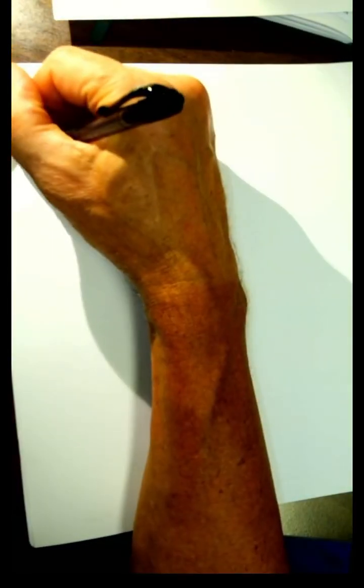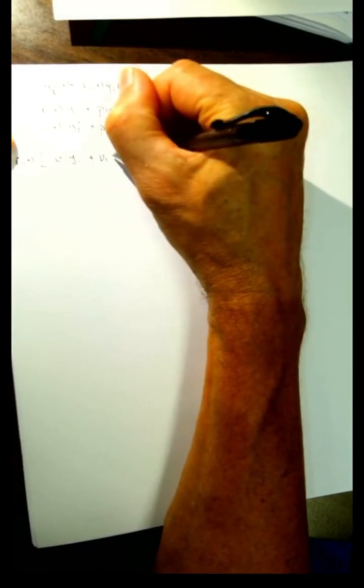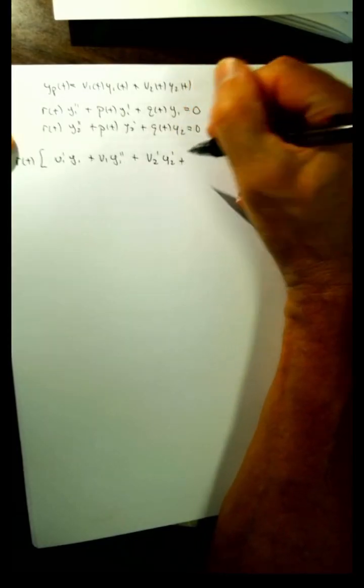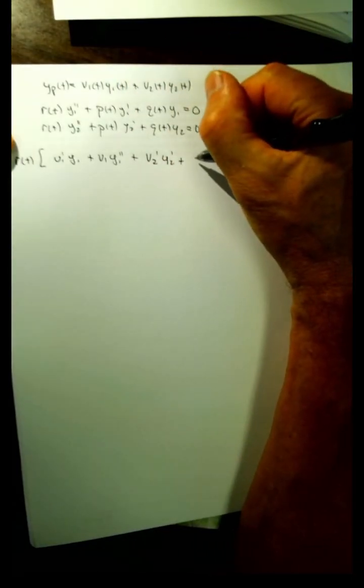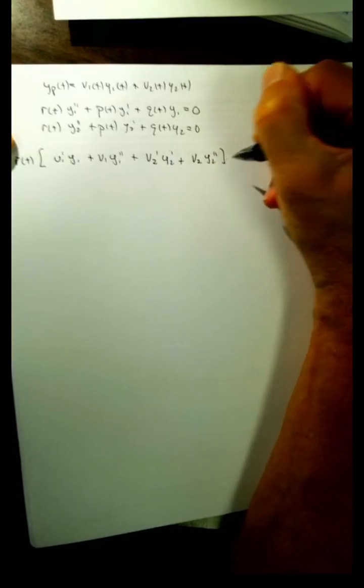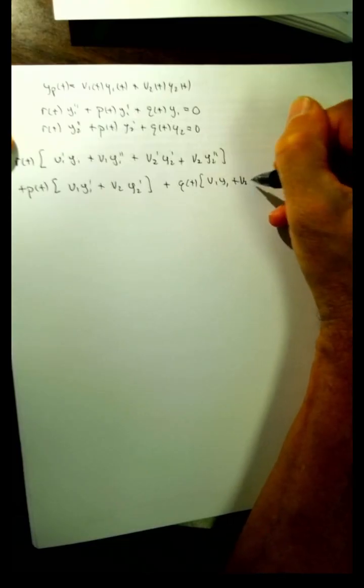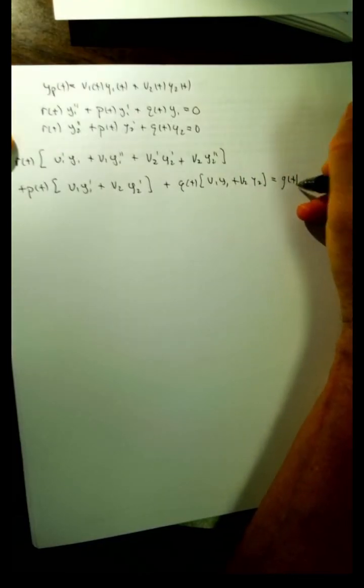Okay, and I plugged these into a particular solution, and what I had is r of t times the quantity v1 prime y1 plus v1 y1 double prime plus v2 prime y2 prime plus v2 y2 double prime, plus p of t times v1 y1 prime plus v2 y2 prime, plus q of t times v1 y1 plus v2 y2, is g of t.